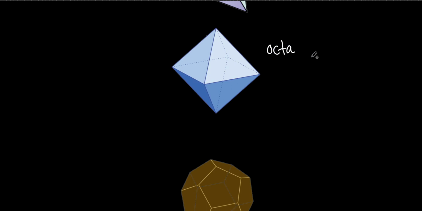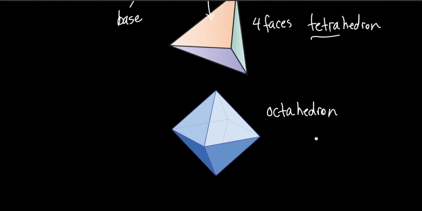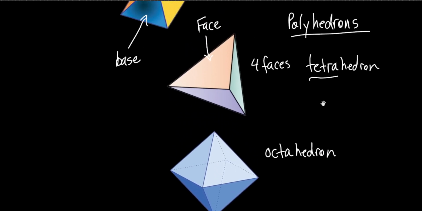That's our prefix for 8. And then what do we end this thing with? No, not polyhedron. We already got the octa. This is specific. Hedron. I said every one of these ends in hedron. I failed to mention this: that word poly. Anybody know what that prefix poly means?